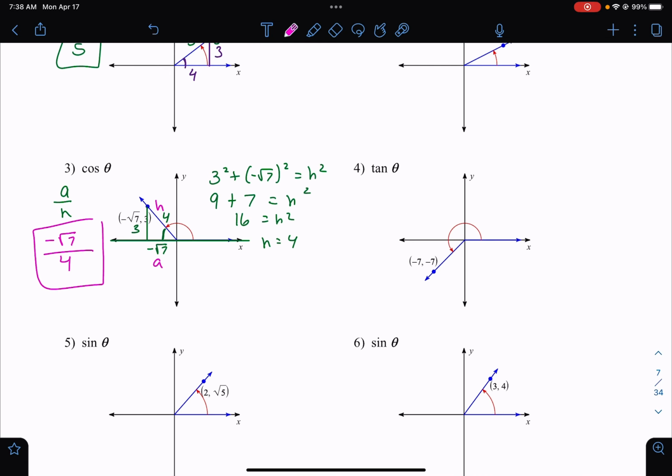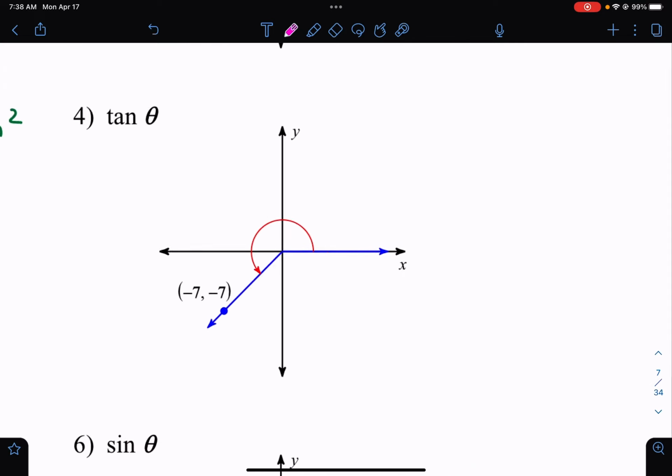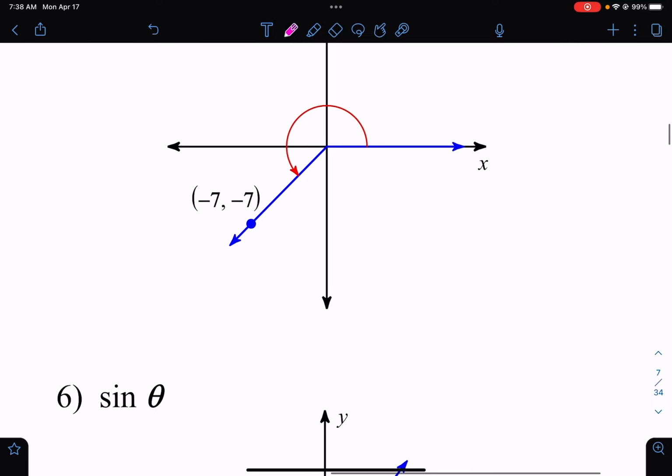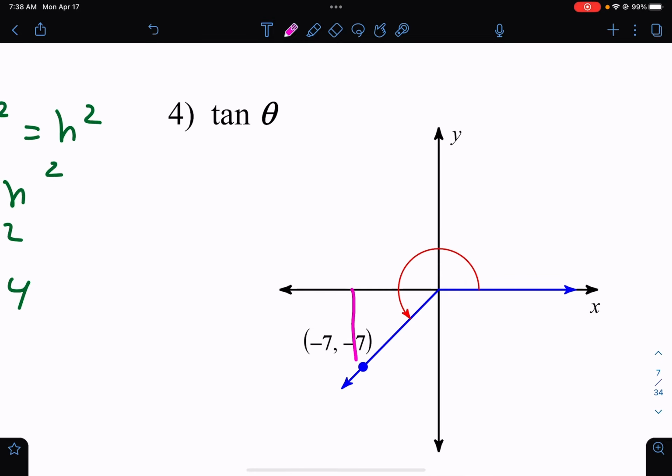Let's try number 4. We can draw in our triangle here. Again, when you draw your triangle, you use the angle that is created with the x-axis right here, and we've got -7, -7.